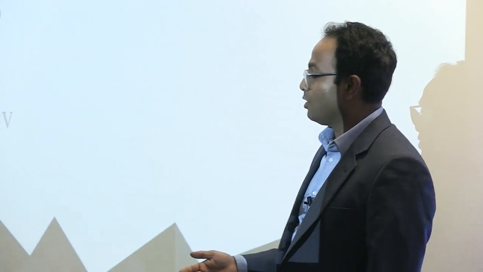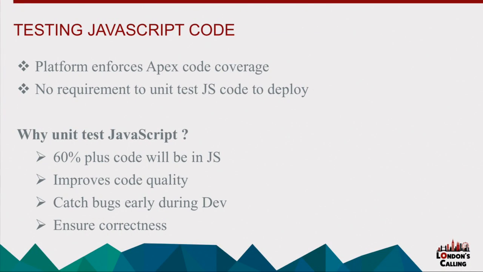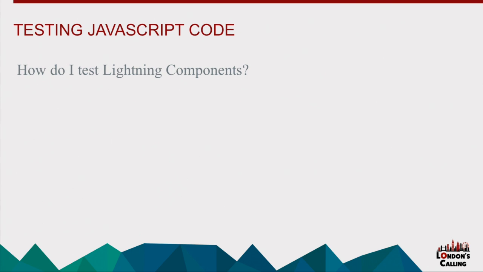Why should we unit test? With Lightning components, you will be writing a lot of JavaScript code. In fact, from what I've observed, and this is not accurate stats, just my own personal experience, 60% plus of the code will be in JavaScript. The other reasons for testing apply to everything: it improves code quality, can catch bugs early on during development, and ensures correctness.